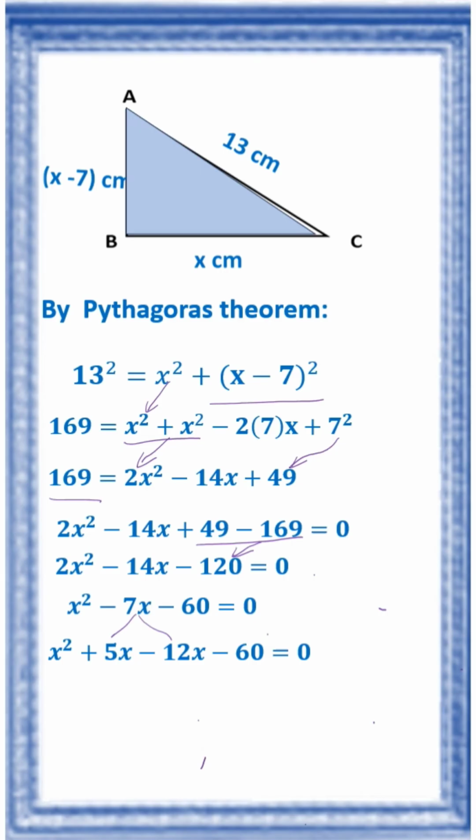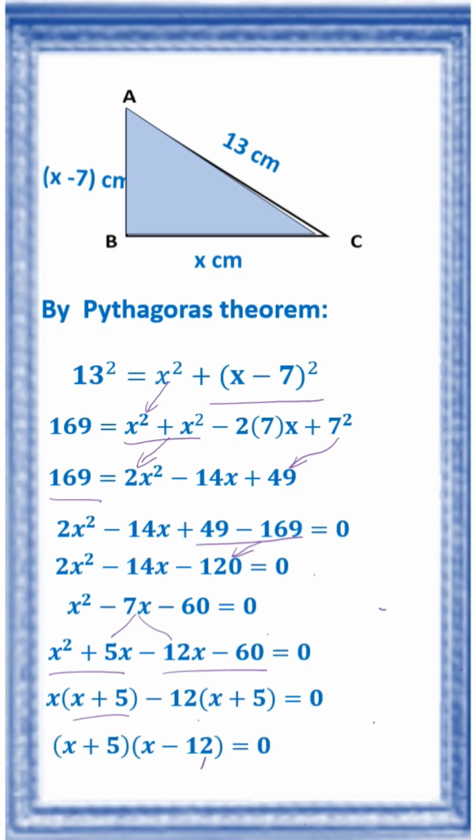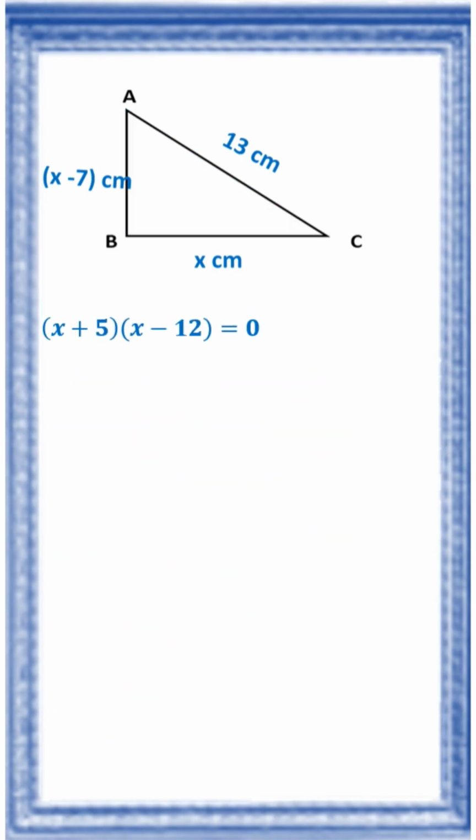So now group. Here x is common, here 12 is common. Now again group. x plus 5 into x minus 12 is equal to 0. So x is equal to negative of 5 or x is equal to 12.